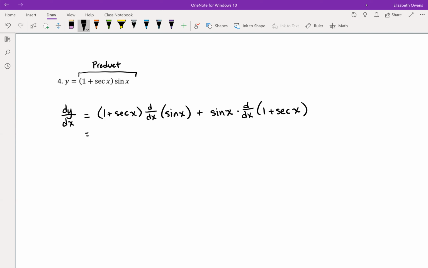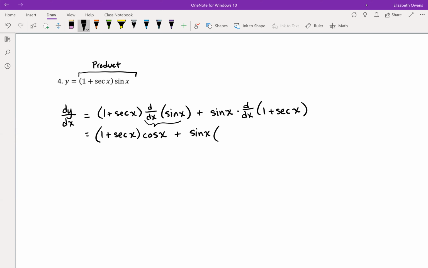Okay, take those derivatives. Got our 1 plus secant x. The derivative of sine is cosine, so put that in right there. And then sine x here. And the derivative of 1 plus secant x, well, the derivative of 1 is going to be 0, so that doesn't have an impact here.